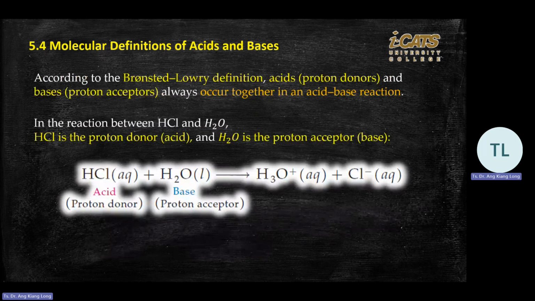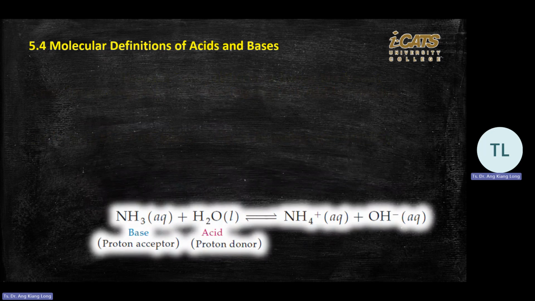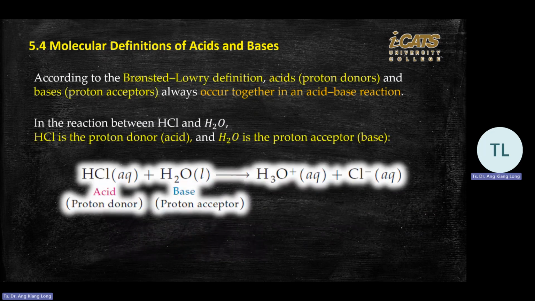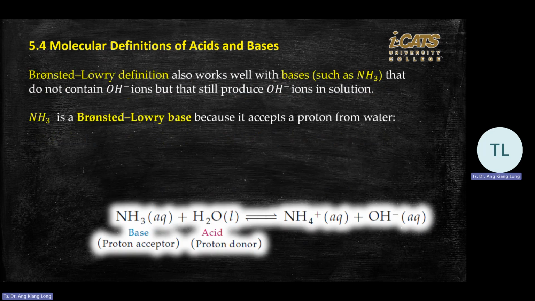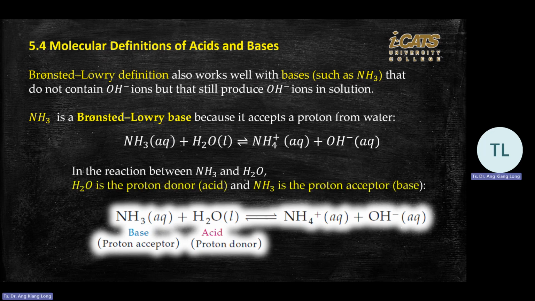This one I go very fast because it's the same concept. If you understand what the Brønsted-Lowry definition is, I give you another example. For example, NH3. Just now the quiz question asked which one is more likely to taste sour, right? So NH3, if you use Brønsted-Lowry, NH3 plus water, and you see there's an interchangeable sign here, you'll get NH4 plus and OH negative.